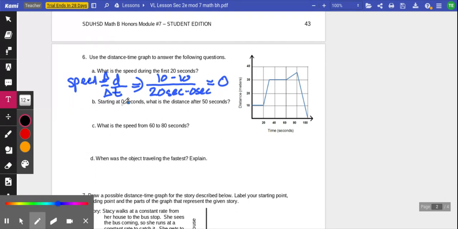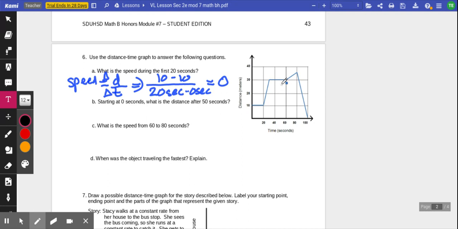Okay, B, starting at 0 seconds, what is the distance after 50 seconds? So here, at 0 seconds, we had 10. At 50 seconds, we had 30. It's not saying what the change in distance was. It just says what is the distance after 50 seconds.